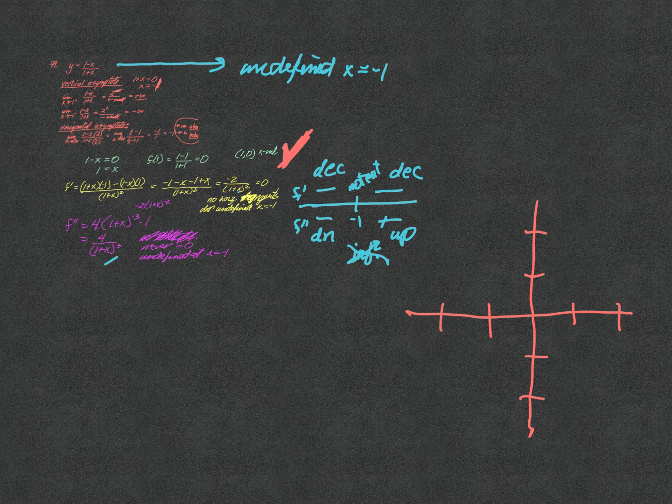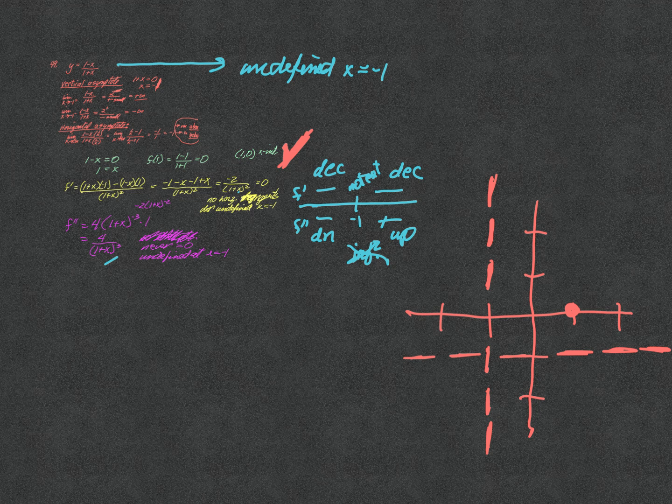We had an x-intercept of 1, 0, so I'll put that right there. We had a vertical asymptote of -1. And we have a horizontal asymptote of -1, so I'll put that as well.